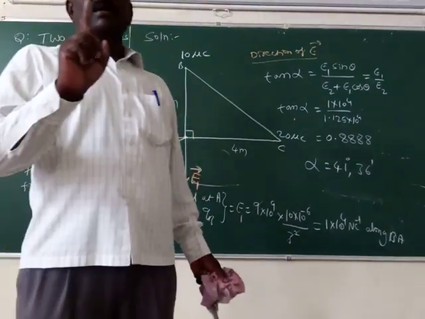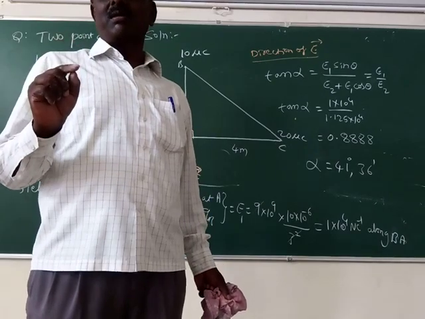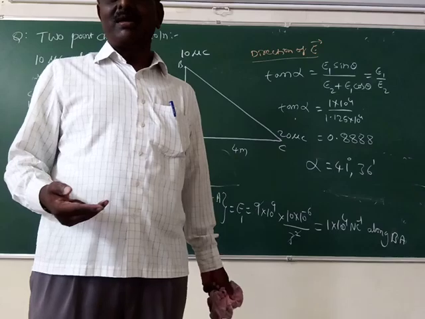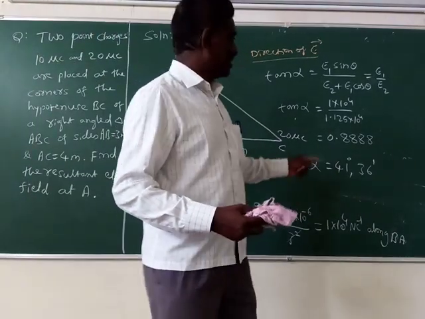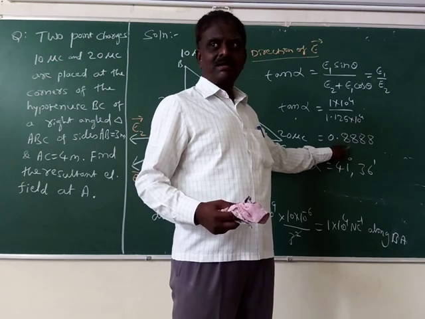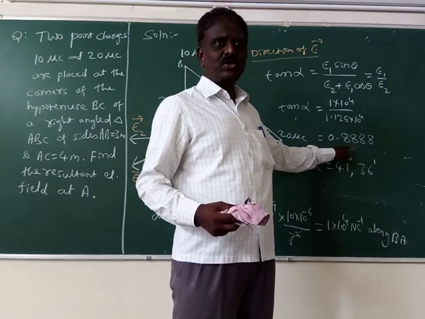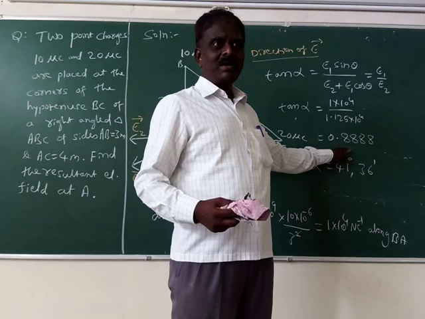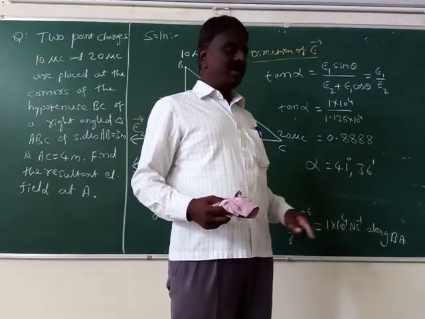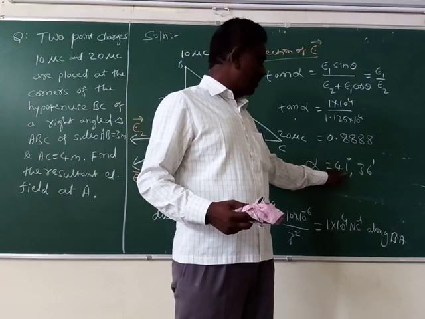Open the log table, see the page which contains natural tangent, and search this value 0.888 or the value nearest to it. After using mean difference etc., you will get alpha equal to 41 degrees 36 minutes.